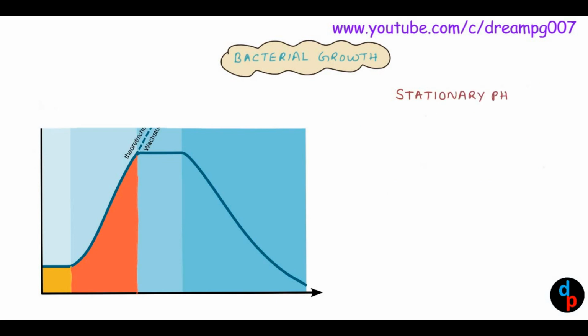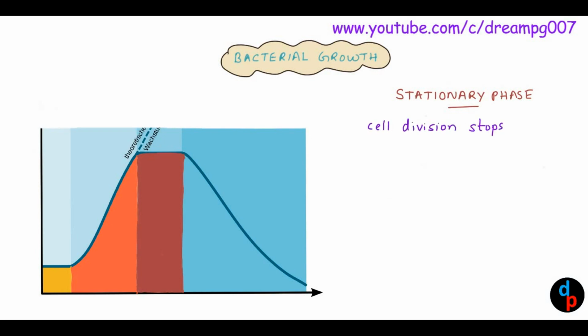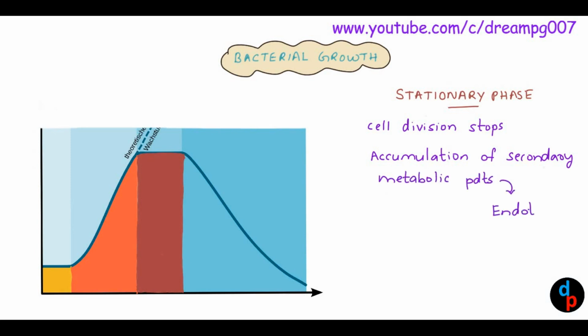When this cell division stops, the bacterial growth curve will reach the stationary phase. Here, there will be accumulation of secondary metabolic products like endotoxins and antibiotics.